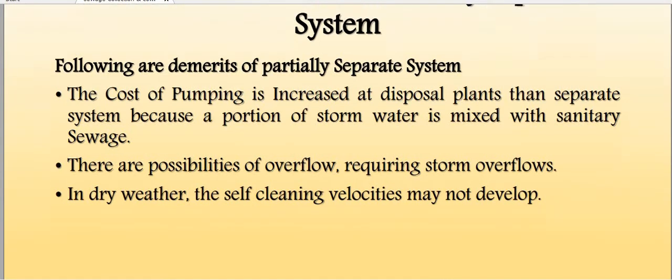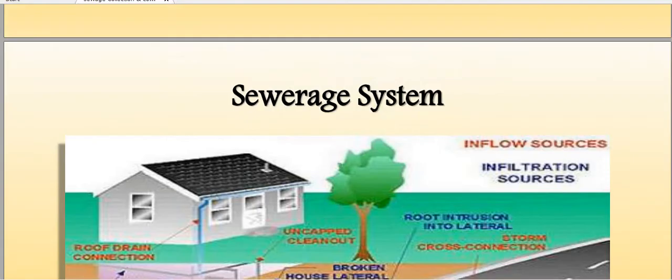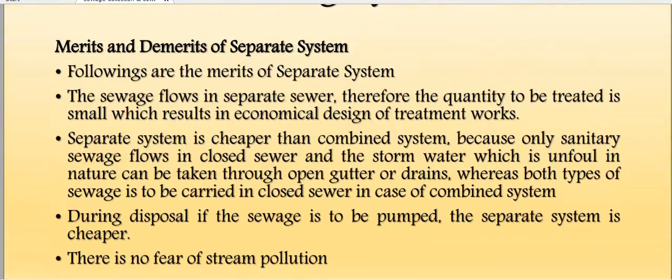So this is what we have discussed about the sewerage system, the three major systems. Let me briefly summarize today's lecture. We have discussed three systems: the combined system, the separate system, and the partially separate system.